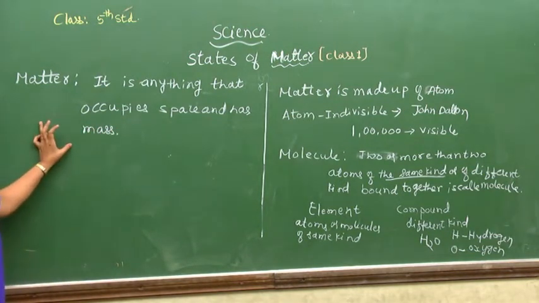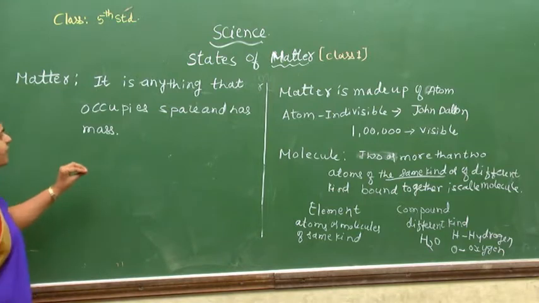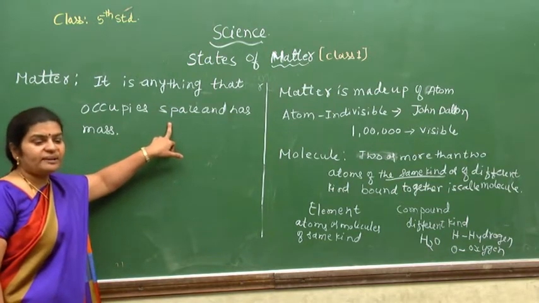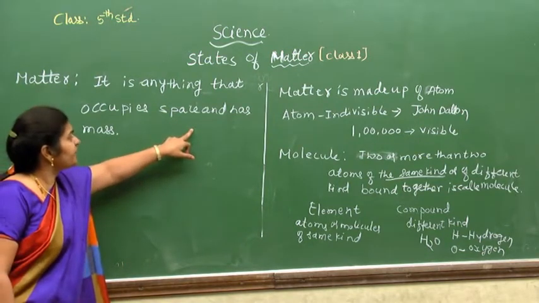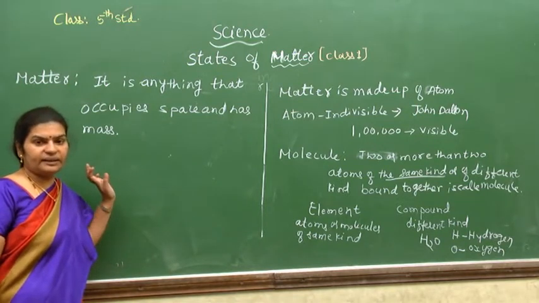So this is called matter. What are the two things matter should have? First, it should occupy space, and second, it should have mass.